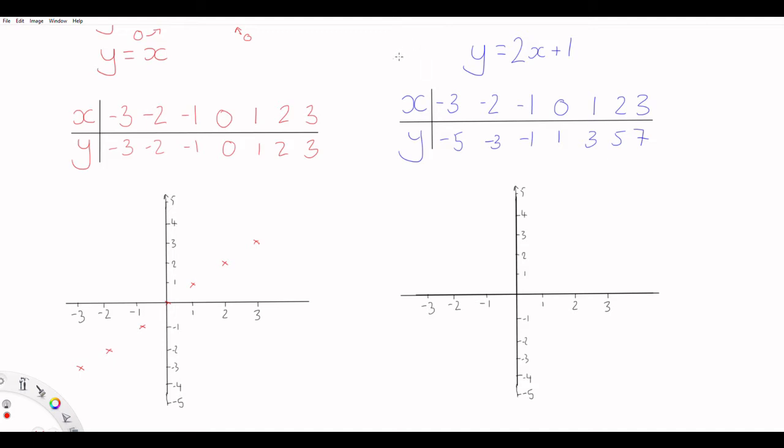And we know we're going to have a nice straight line because it's a linear equation, so we can then plot our line as so. That is our graph there, or close enough.